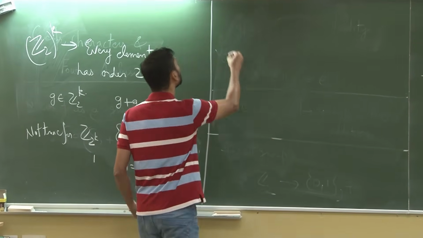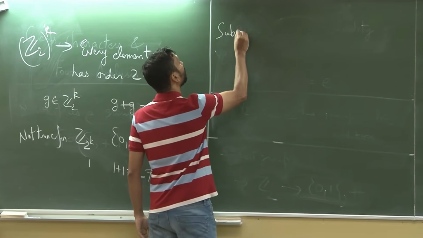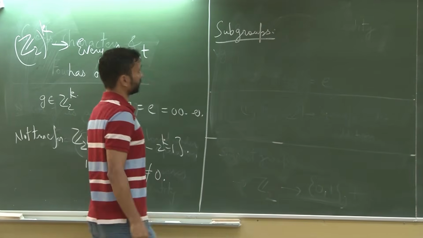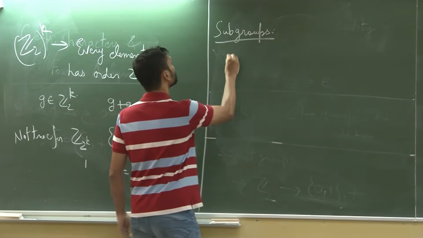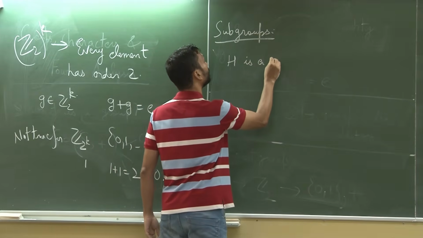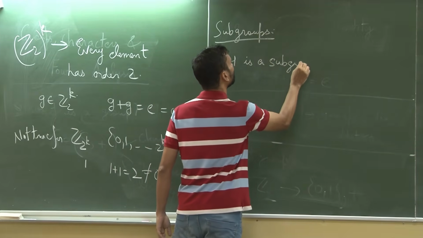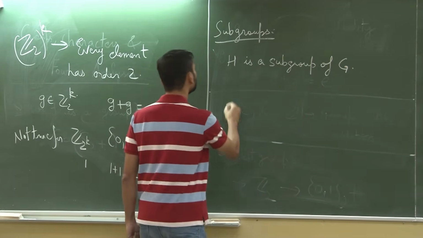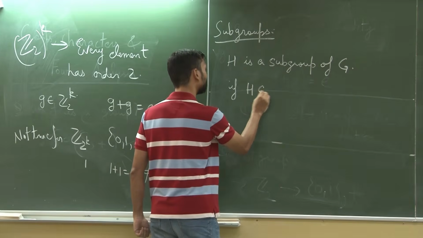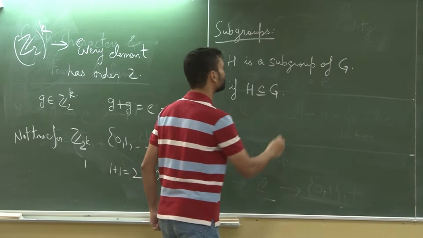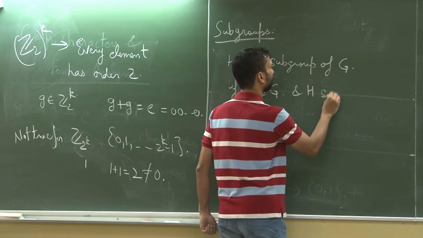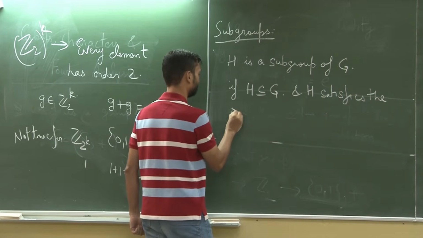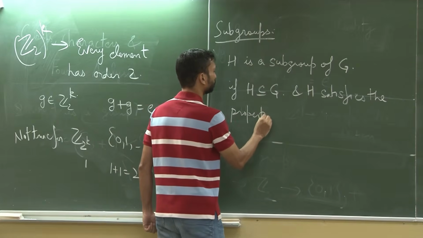And once we talk about groups, another important concept is subgroup. H is a subgroup of G if, as a set, H is a subset of G and H satisfies the properties of groups.